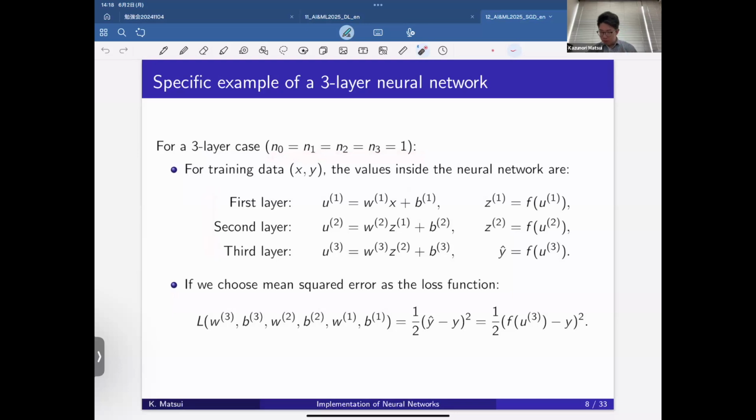First, in the first layer, we multiply the input by W1 and add B1 to get U1. We put u1 into the activation function f to calculate the first layer output z1. So z1 equals f(u1).